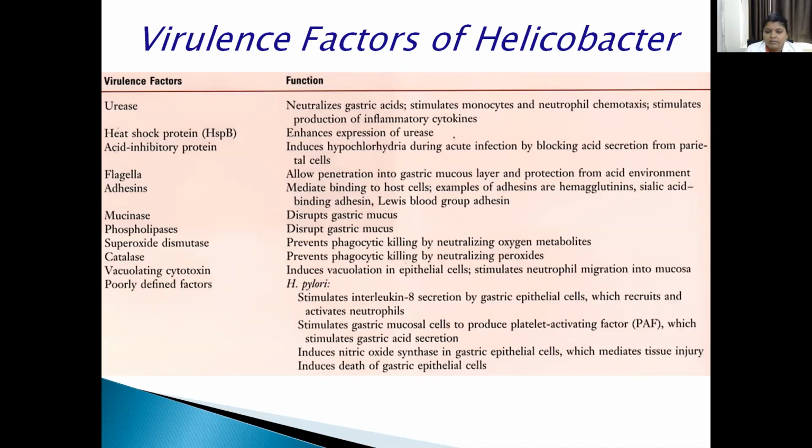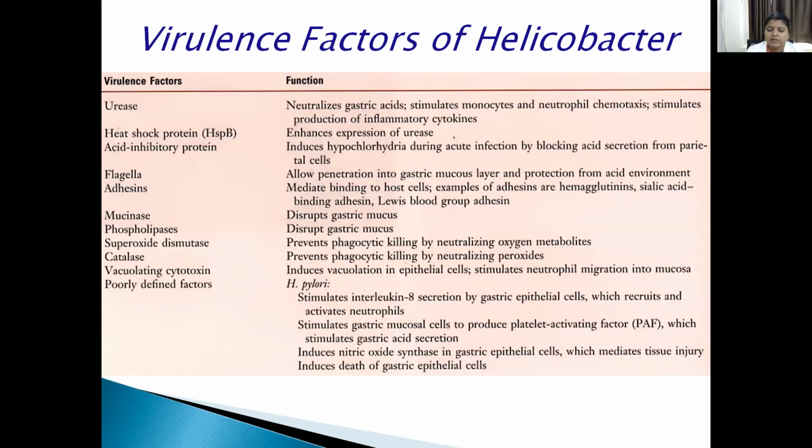Other poorly defined factors, like interleukins and platelet aggregating factor, stimulate the production of interleukin and platelet aggregating factor. These are all involved in the pathogenesis of Helicobacter pylori infection.